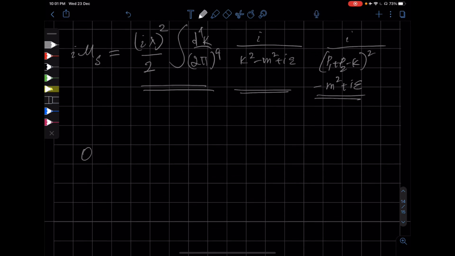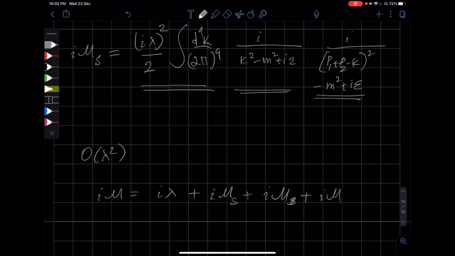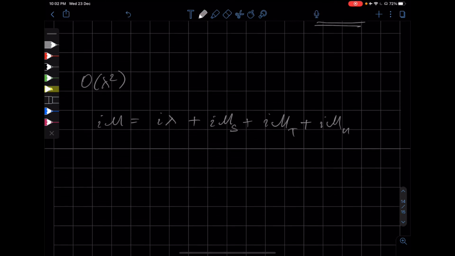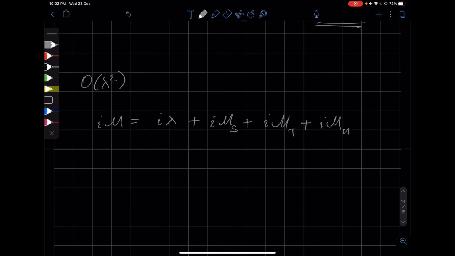So up to order lambda squared, our amplitude will be the tree level amplitude, which is i times lambda, and then the second order amplitude, which are loop diagrams, will have 3 contributions from the 3 diagrams. So sorry, let me call this T, and then this is U. So this is basically what the amplitude is going to look like up to order lambda squared.